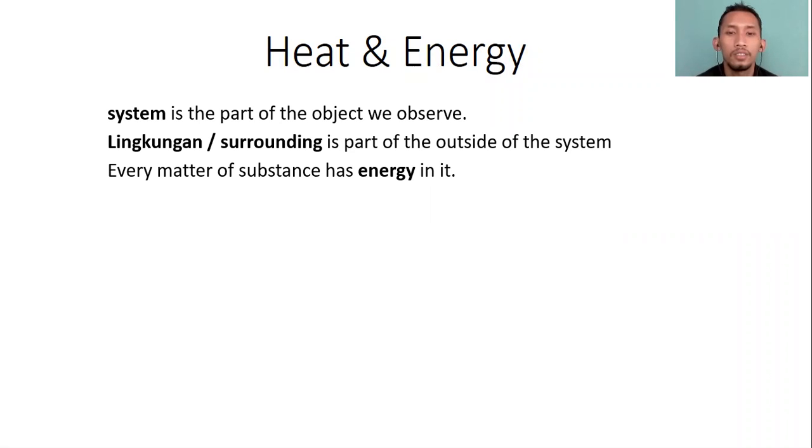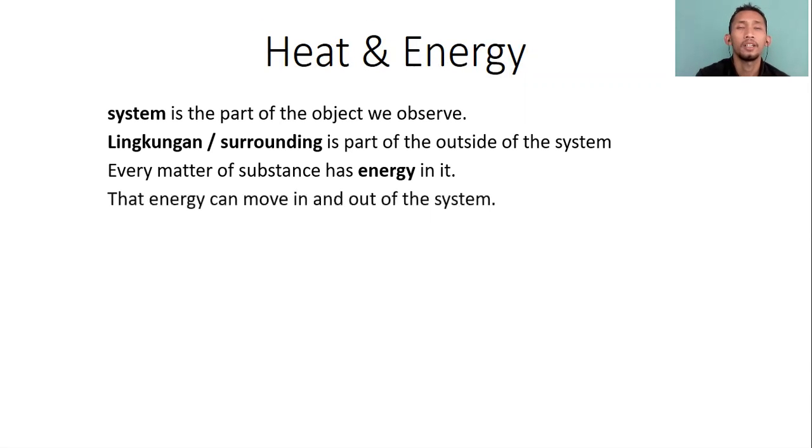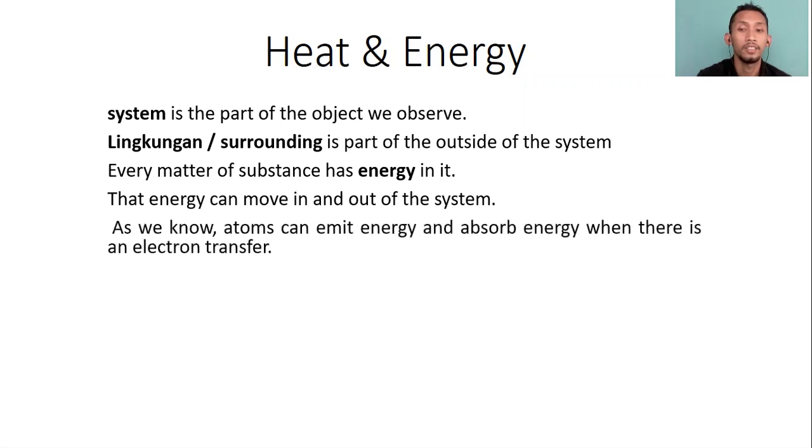The next one is energy. All matter in this world has energy, because of what? The smallest part of matter is the atom. An atom has electrons that always move, and they have energy.